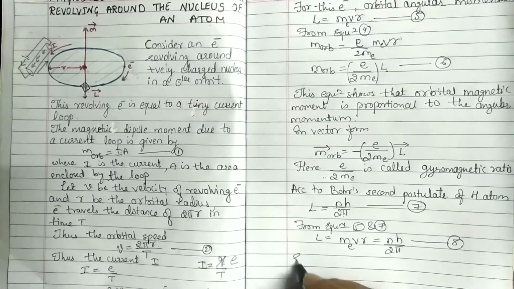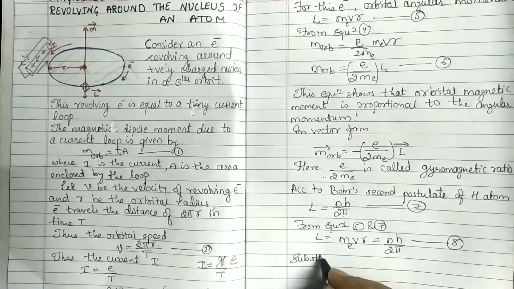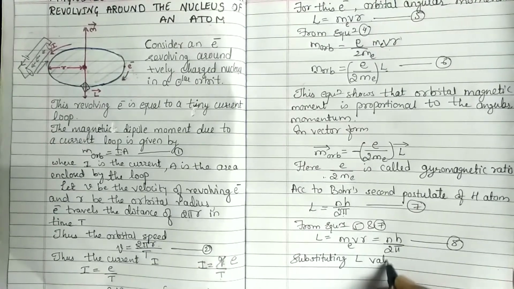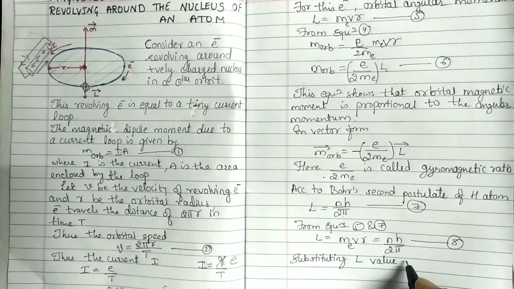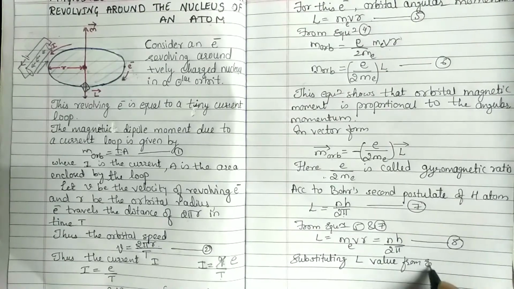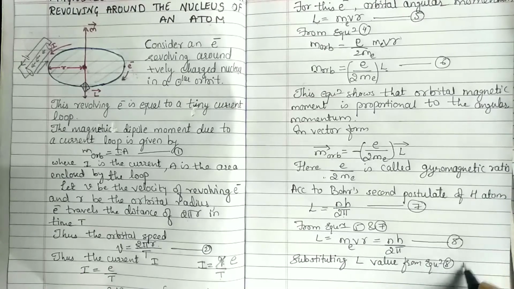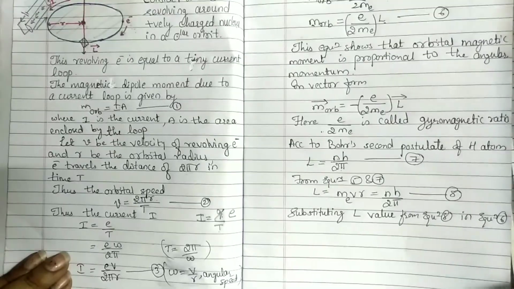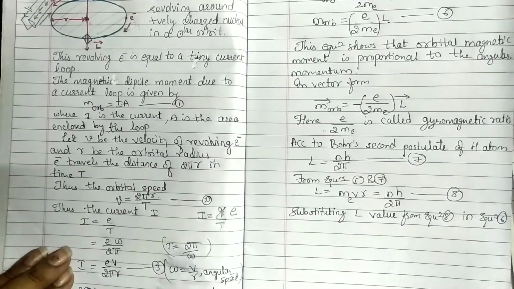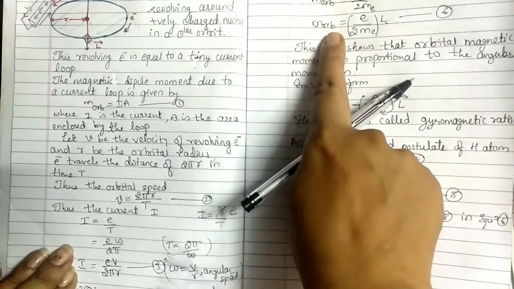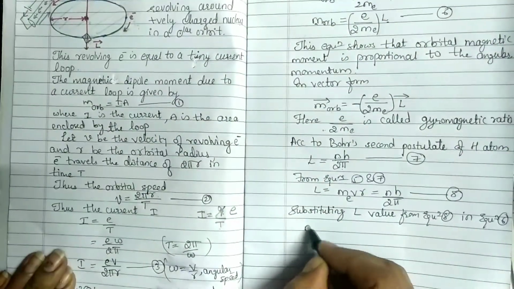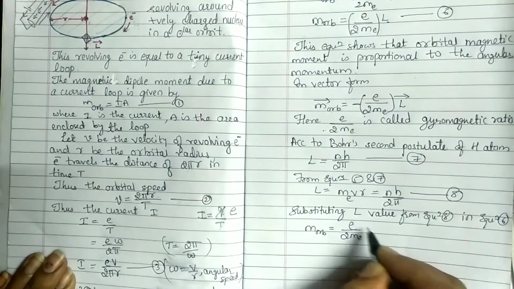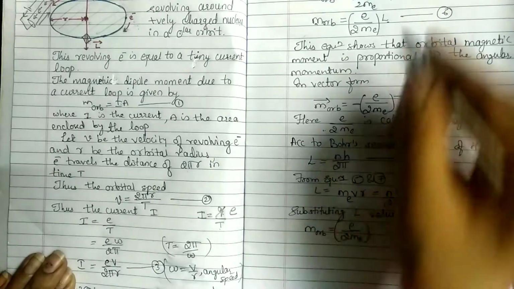So substituting the L value from equation 8 in equation 6. You can see equation 6 here: m orbital equals E by 2me, and what is L here?